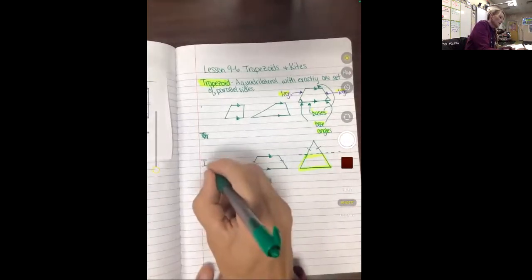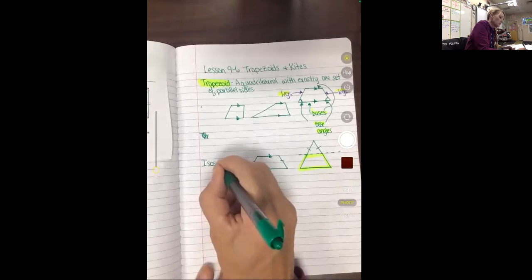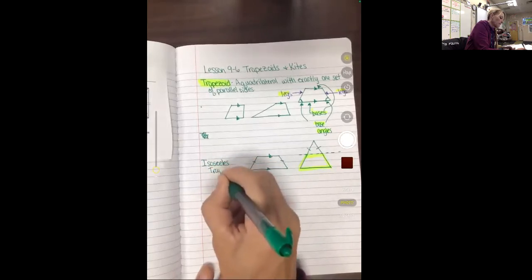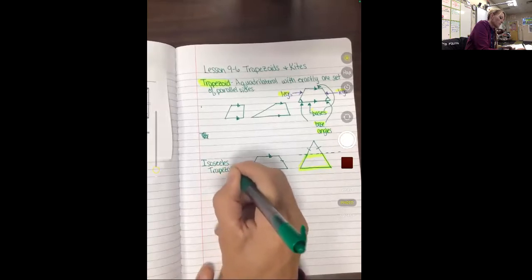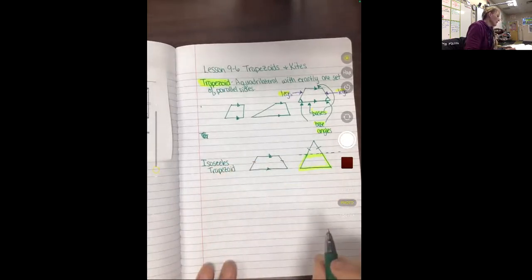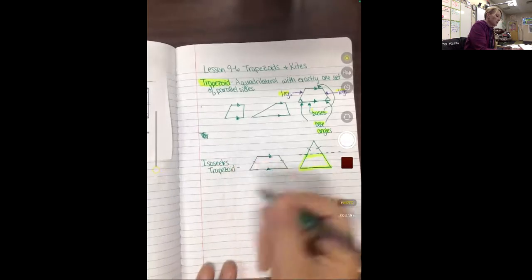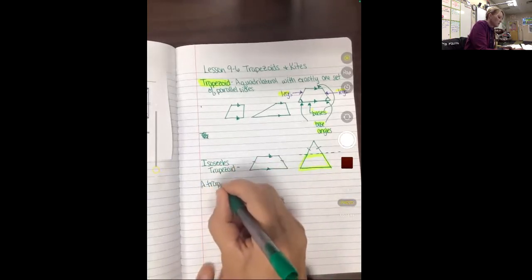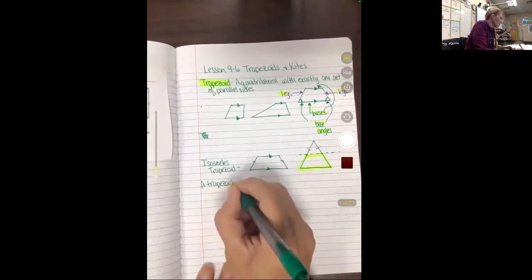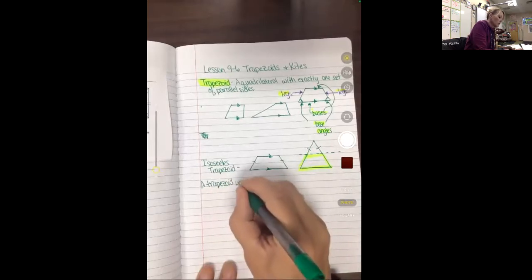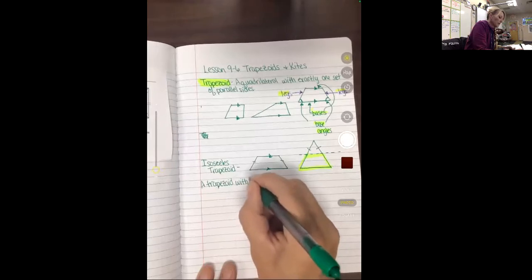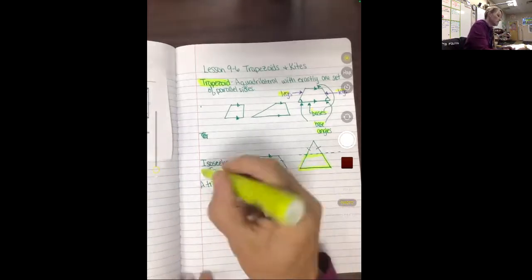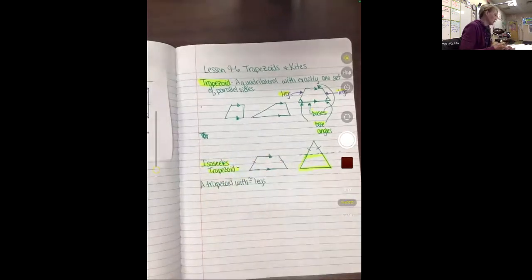This is called an isosceles trapezoid. And the definition of an isosceles trapezoid is a trapezoid with congruent legs. Then it becomes an isosceles trapezoid, and that is also a vocabulary term.